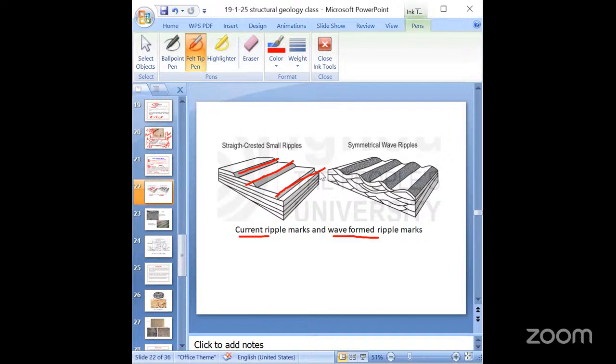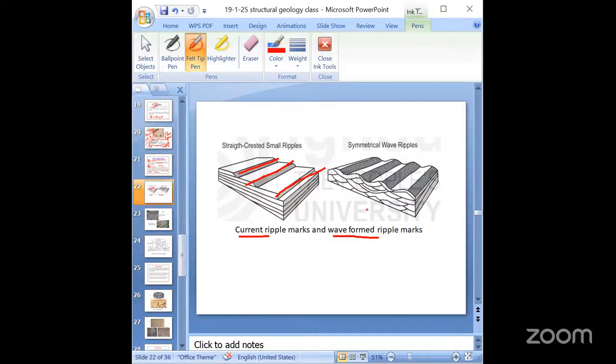These current ripples are the commonest bed forms encountered within the lower flow unidirectional region. Here both the crests and troughs are rounded.